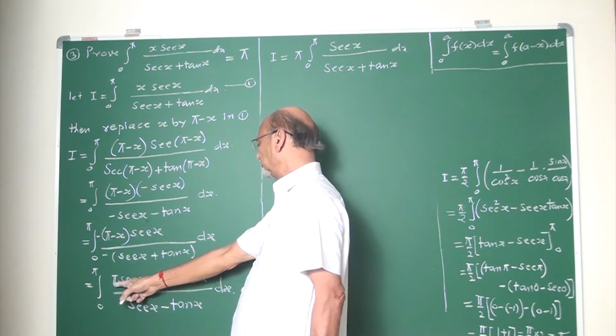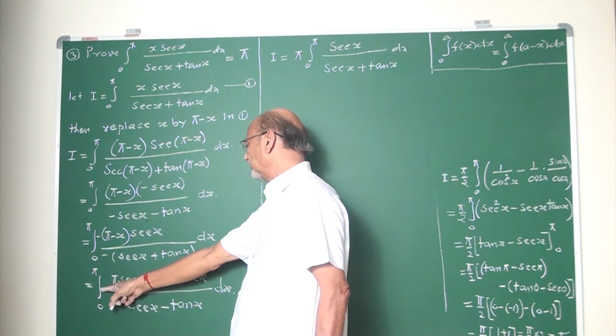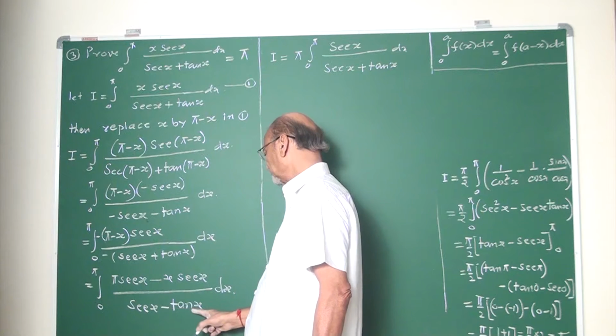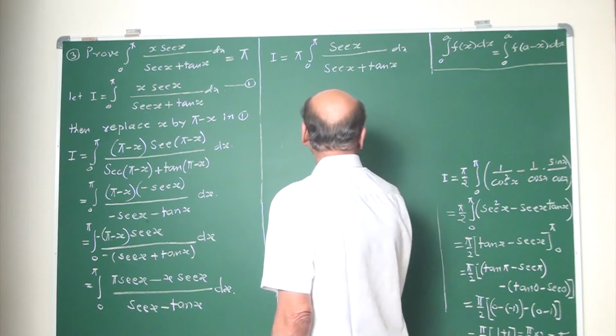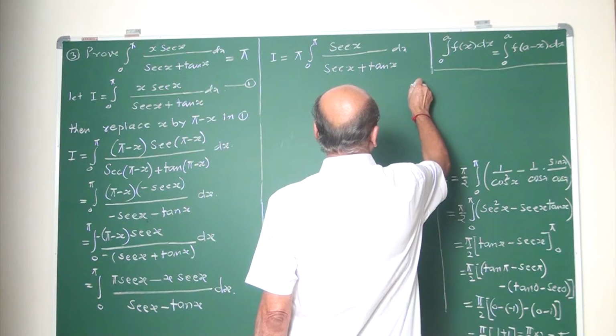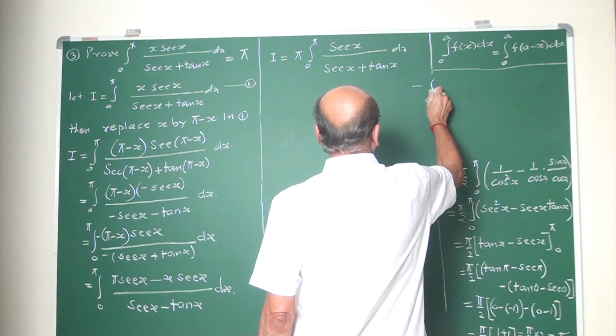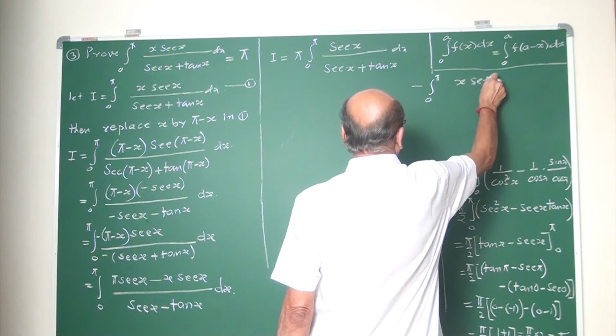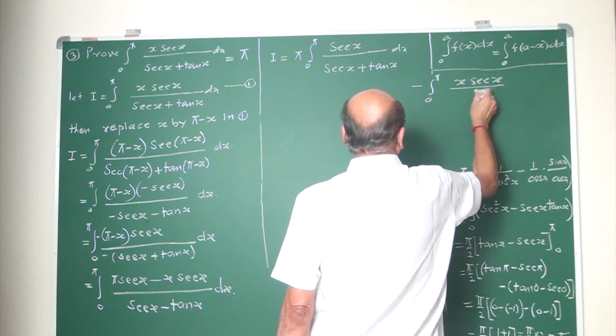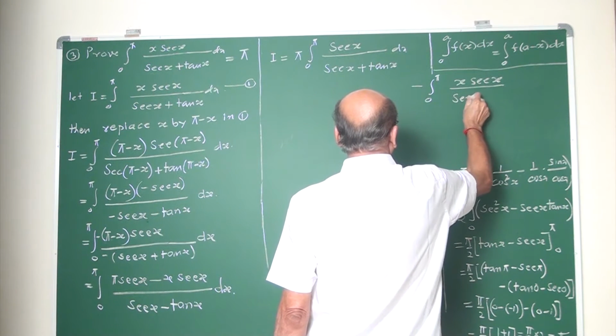This pi is taken out. Integral sec x upon sec x plus tan x minus integral x sec x, this is minus integral 0 to pi x sec x upon sec x plus tan x.